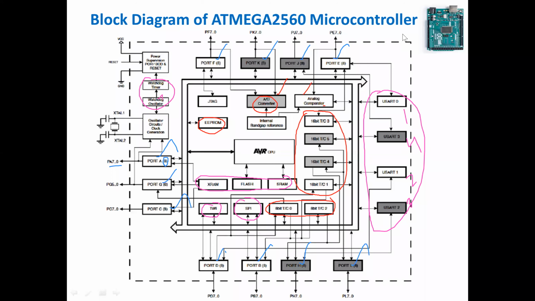You should not say Atmega 2560 is an Arduino controller. No, Atmel is a different company, and Arduino is a different company. They have clubbed together to form a complete product. The Arduino company is utilizing the Atmega brand and developed complete models, which are most widely used in the market for product development.